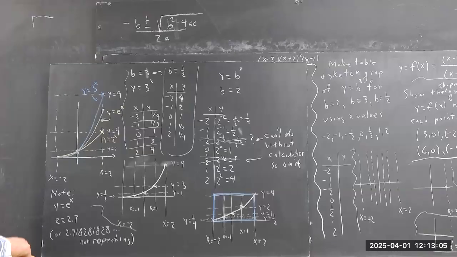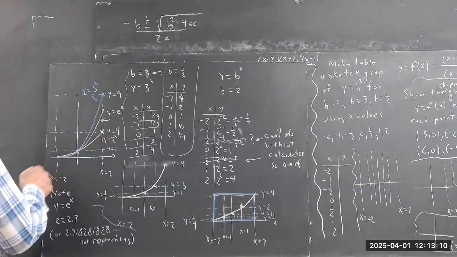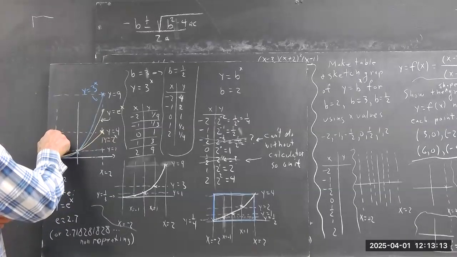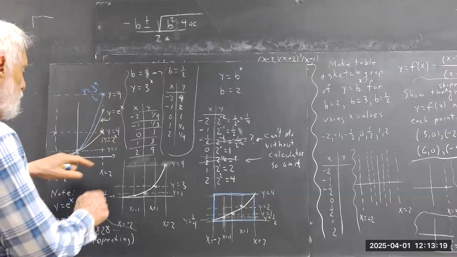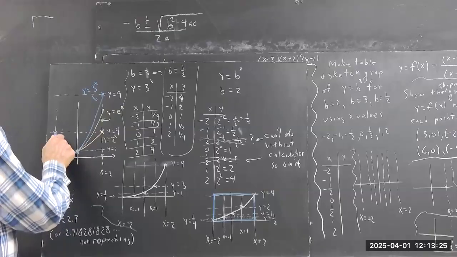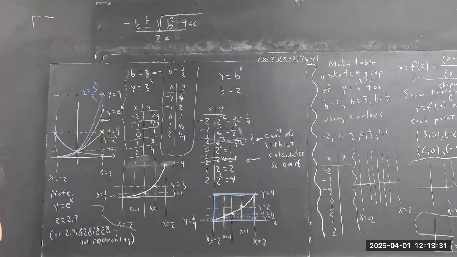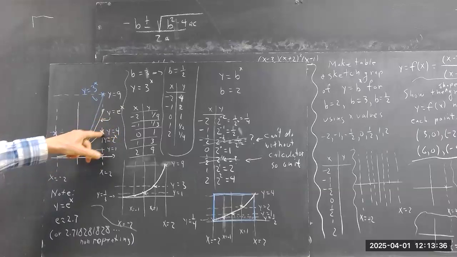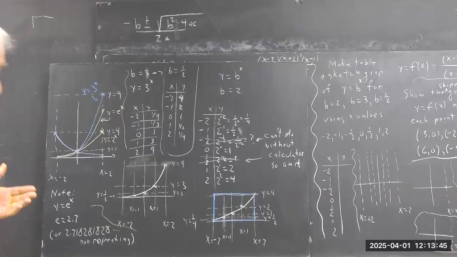What happens if you graph these? You get -2, 4. You get 2, 1/4. You get 1, 1. And the rest of the details would prove to you that this graph is just a reflection of the 2 to the x graph across the y-axis. Okay?